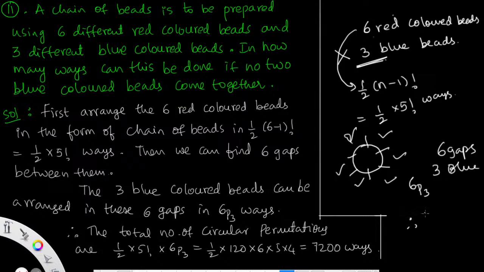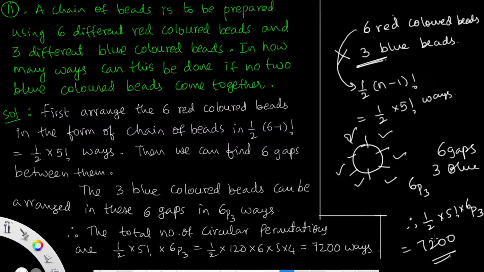Therefore, the total arrangements are half into 5 factorial into 6p3 ways. Now simplify: half into 5 factorial means 60 times 2, that is 120 with 6p3 meaning 6 into 5 into 4. So the total answer is 7200 ways.